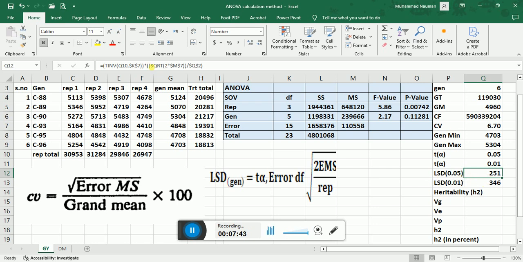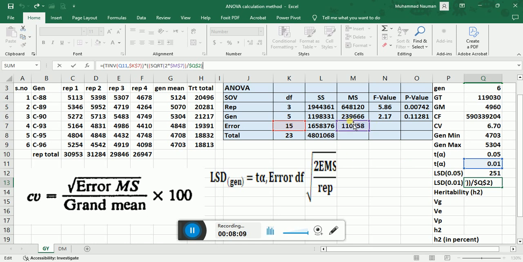When we select this LSD at 1% probability level, click on formula bar, you will see this formula is shifted downward at the 1% level, and the rest of the values are fixed.